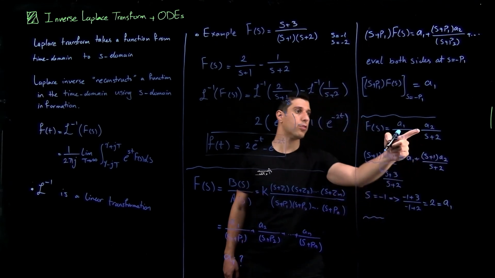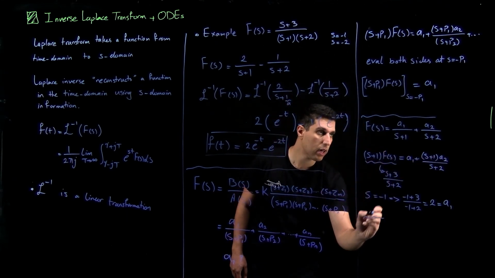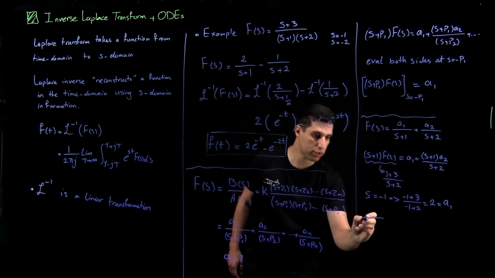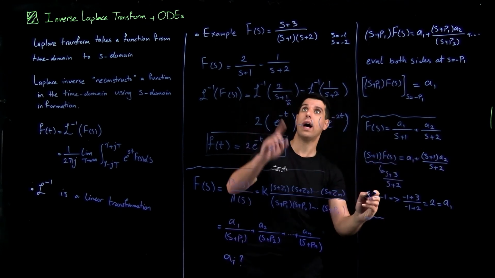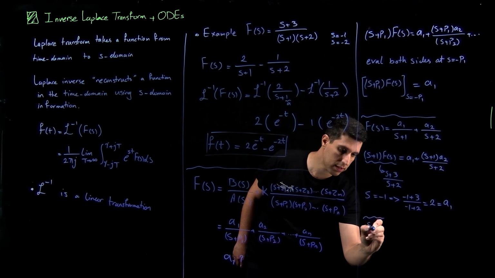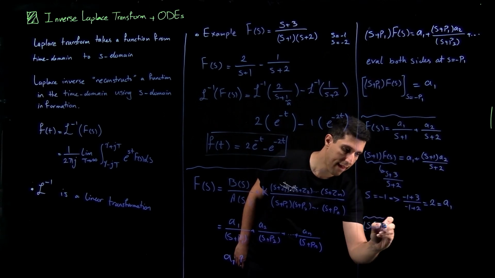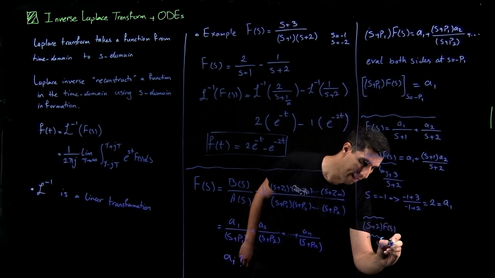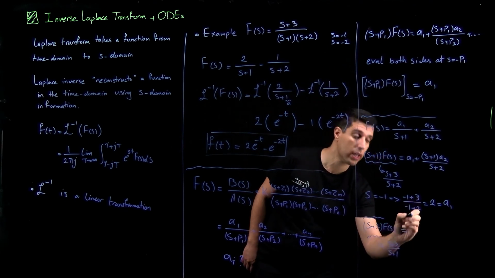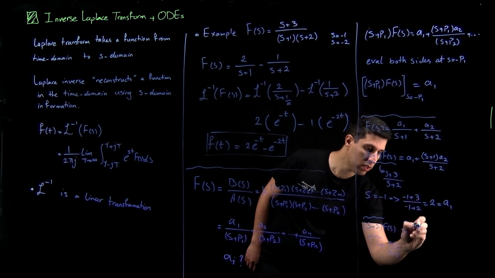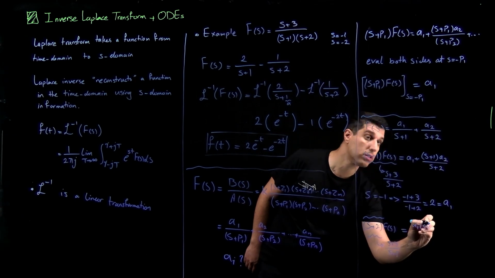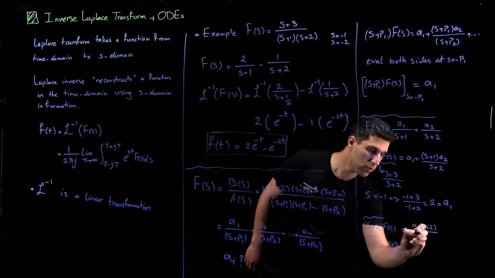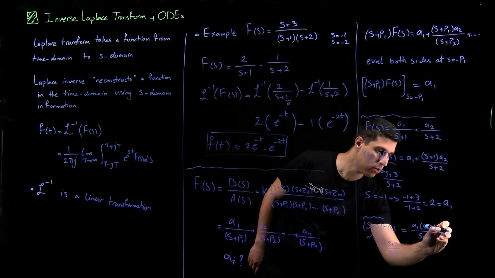Similarly, for the second one, I multiply both sides by s plus 2. So if I do that, s plus 2 times F of s, which is s plus 3 over s plus 1, equals A1 times s plus 2 over s plus 1 plus A2.